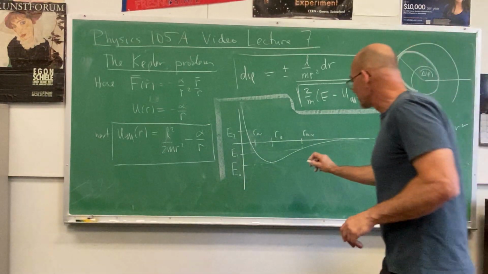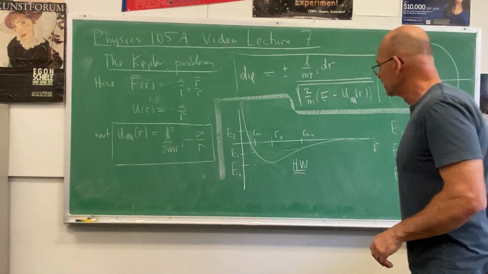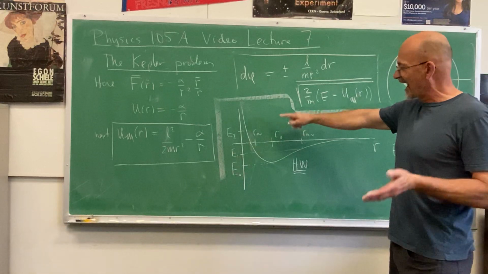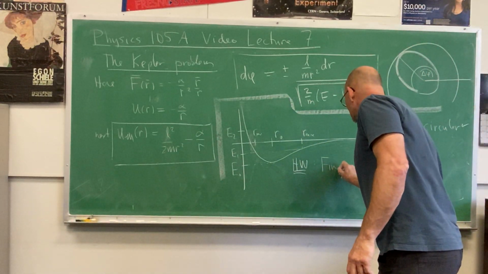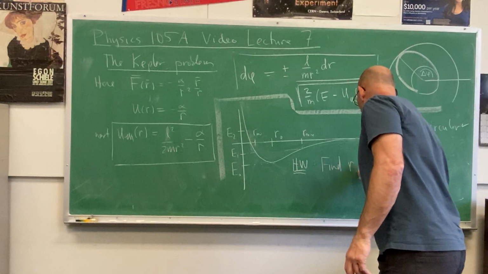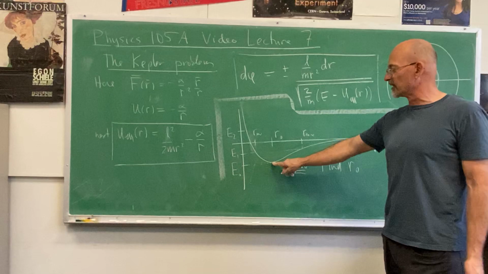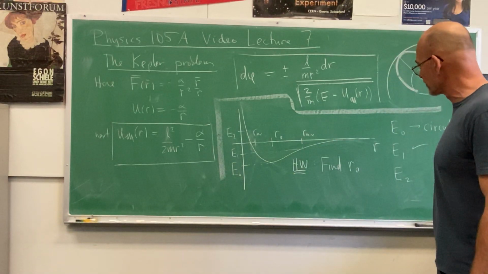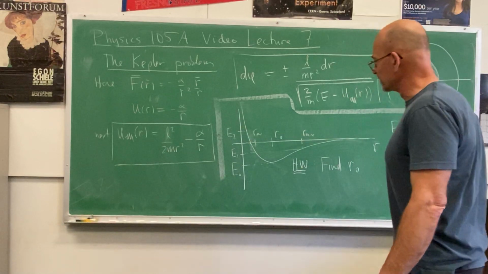this, well, how about I put a little homework problem on this thing. So what you want to do is analyze this thing, find R0. In other words, you do your first derivative criterion here and find an expression for R sub 0 for this Kepler problem right here.